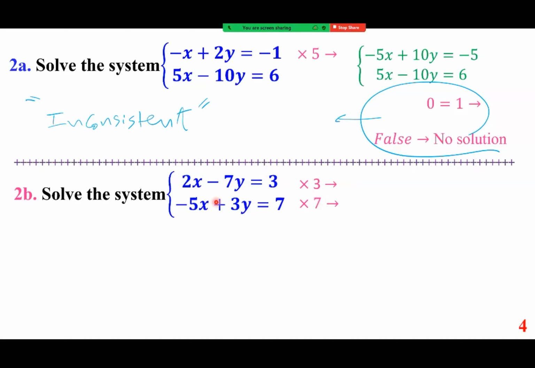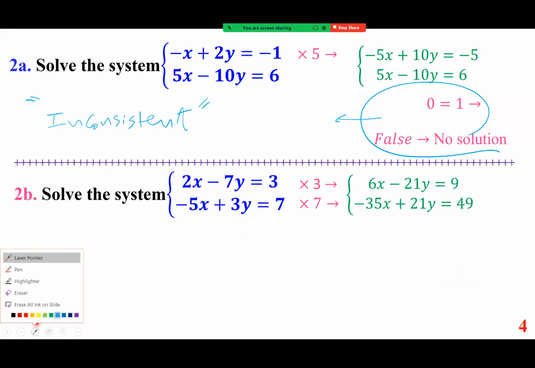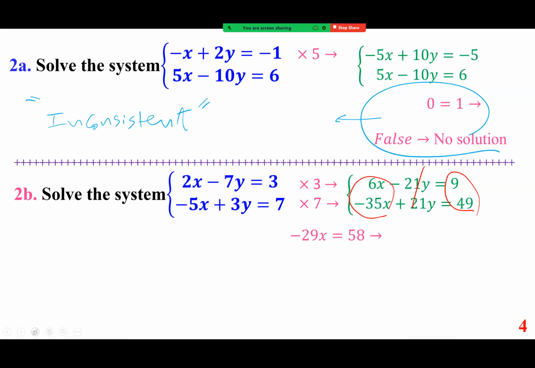If I multiply this one by 7, this whole equation, meaning both sides, I get minus 35x plus 21y equals 49. And now notice they cancel each other. We can add up these two and we can add up these two. So negative 29x equals 58.